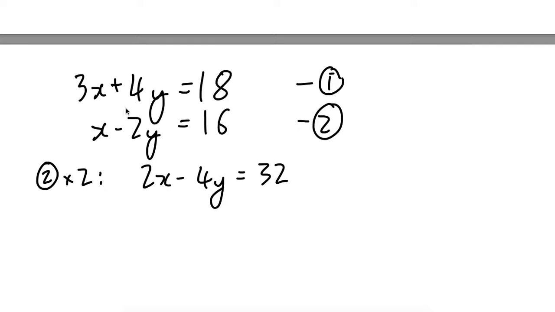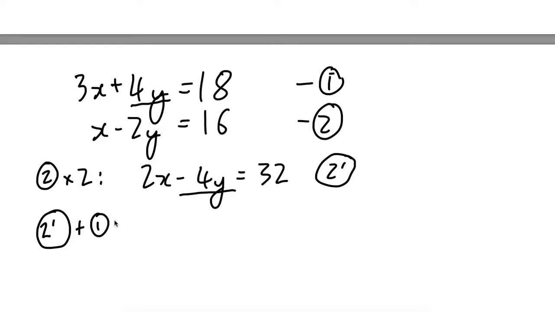Now, this time I don't want to subtract because I've got plus 4y in this equation and minus 4y in this equation. So what I want to actually do is add them. So I'll add 2 prime, which is my equation 2 modified. In this case, I modified it a different way, plus equation 1.